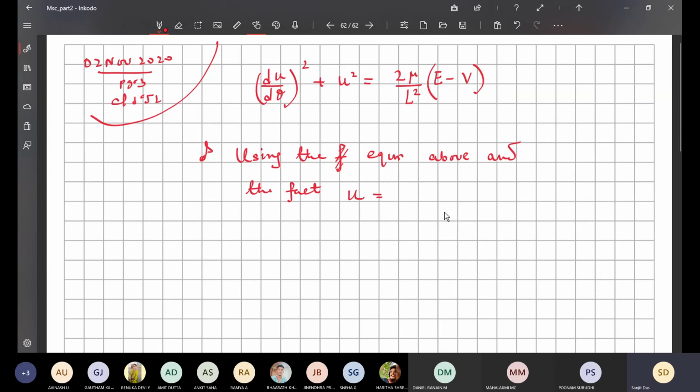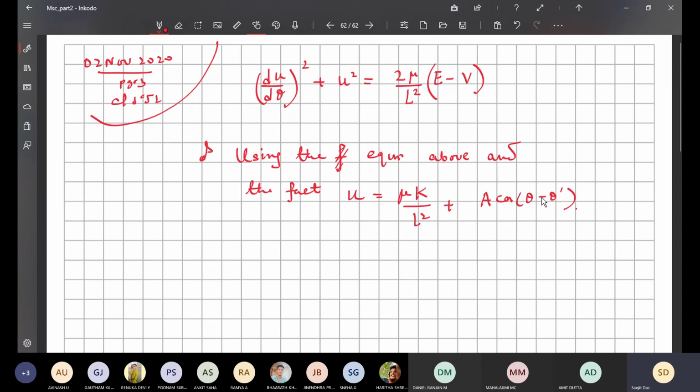For this particular inverse square law, what did we get? 1 by r is equal to mu k by L square plus A cos(theta minus theta dash), where theta dash is a constant. Now use this equation: make a derivative, a double derivative, and all these things will come.